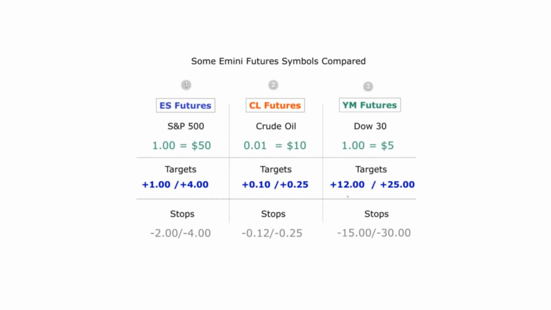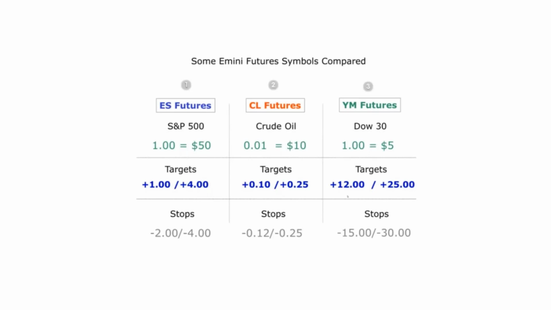The YM futures, that represents the Dow, does not trade in ticks. It doesn't break down into quarter points or anything. It just trades straight points. Each 1 point is $5, and because it doesn't have ticks, you can think of each point as a tick.